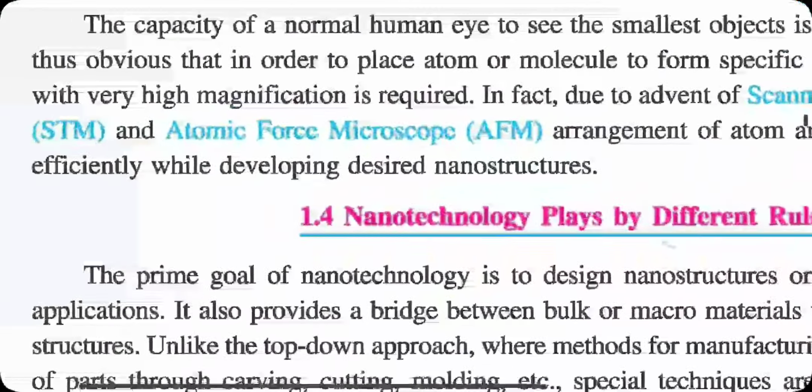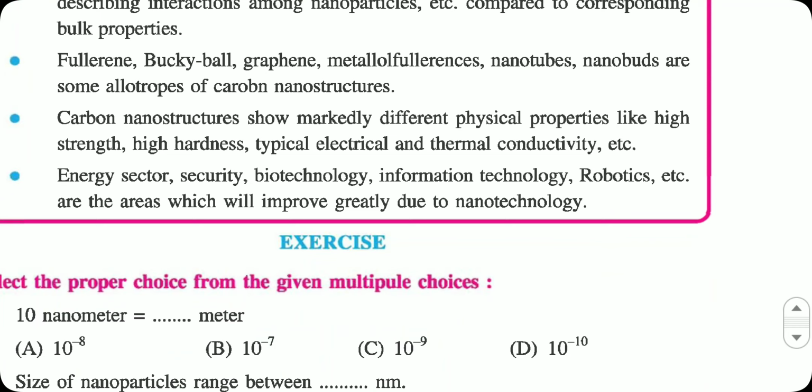These are nanoparticles. A carbon nanostructure shows markedly different physical properties like high strength, high hardness, and typical electrical and thermal conductivity, and it is also used in the energy sector, security, biotechnology, information technology, robotics, etc.